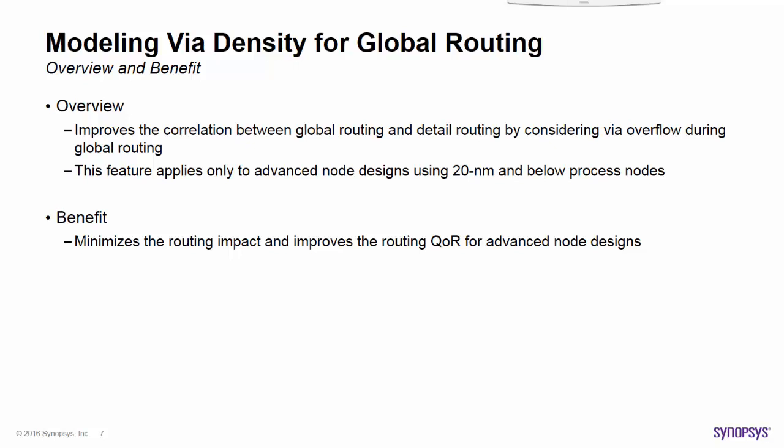This is in order to reduce the chances for wires to violate spacing rules, and hence reserve the space for detailed router to fix any wire spacing violations. It therefore minimizes the routing impact and also improves the DRC QoR in detailed routing in advanced nodes.